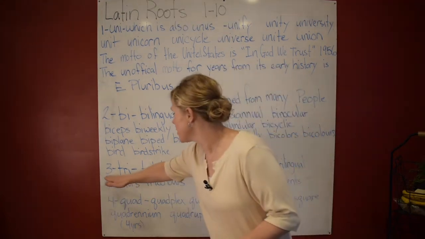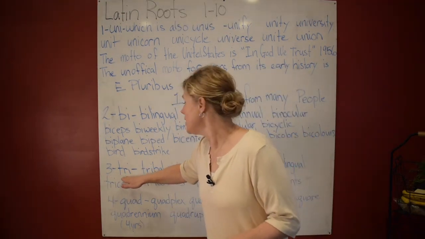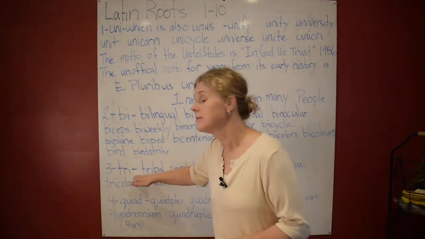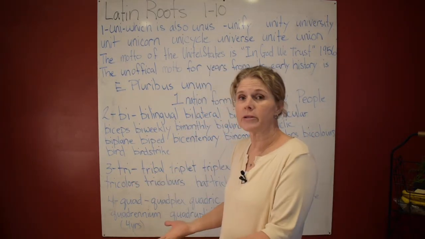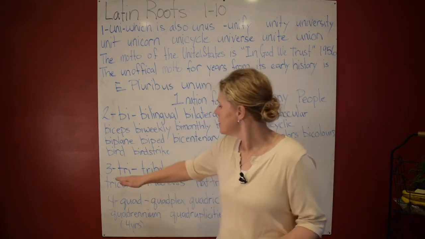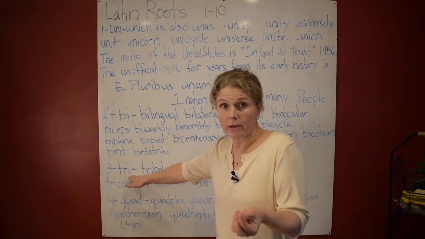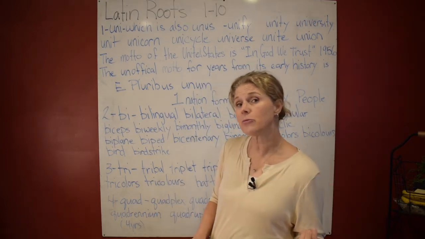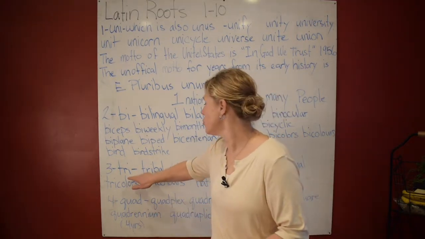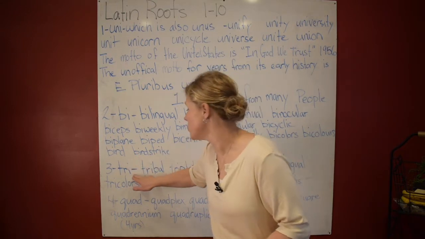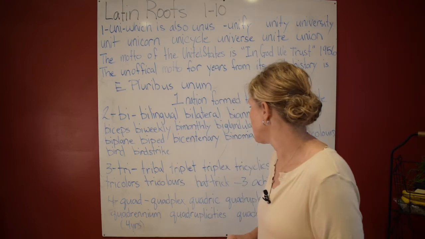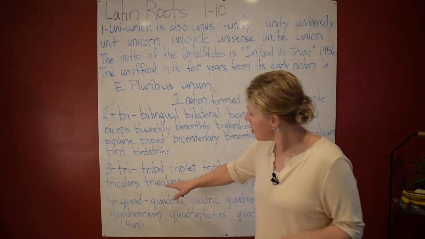So now we have 3, which means try. And try is, or it could be tri, depending on what root you're going to put it on. But this is also Greek. So if you can remember that this is 3 for either Latin roots or Greek words, it's going to help you in multiple words in math and in science, especially.